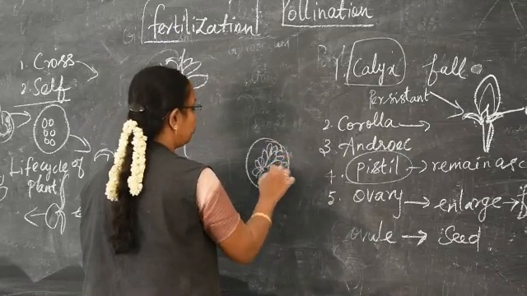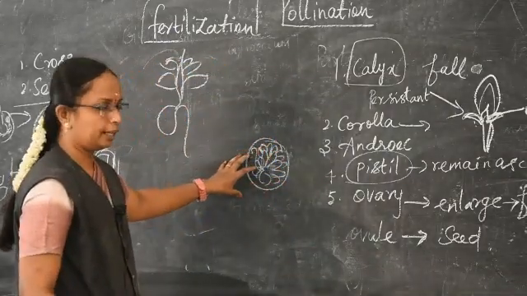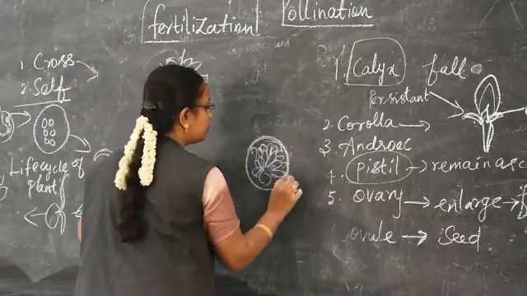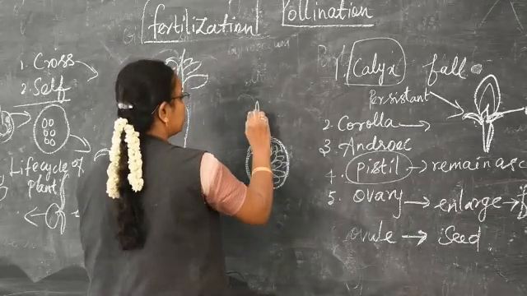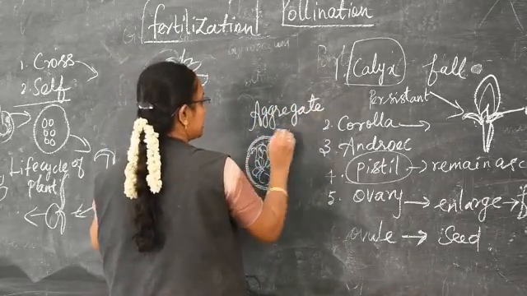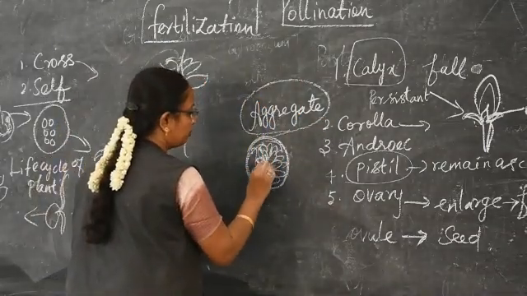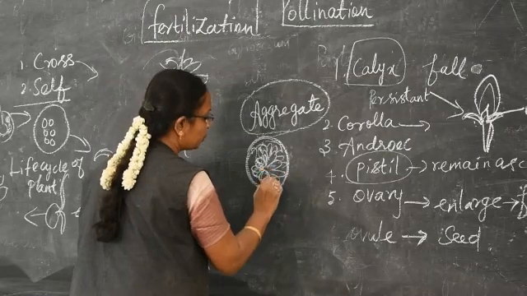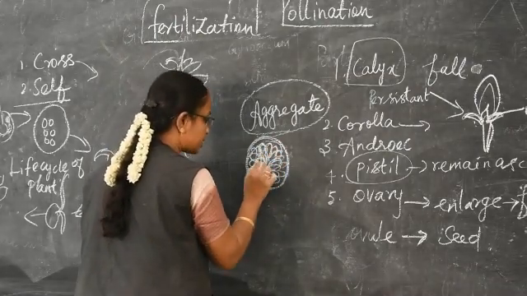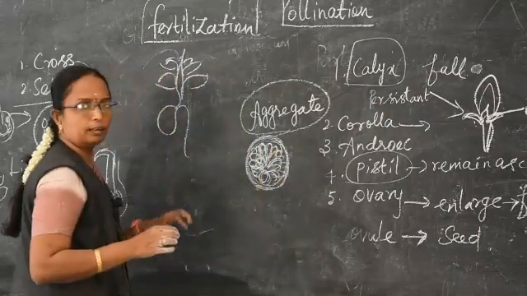Those thin membranous granules are fused together to form a single fruit, that is known as aggregate fruit. The custard apple is known as aggregate fruit. Many fruits are fused together, and then they form the granule-like thin membranous structure, and they form a single fruit.